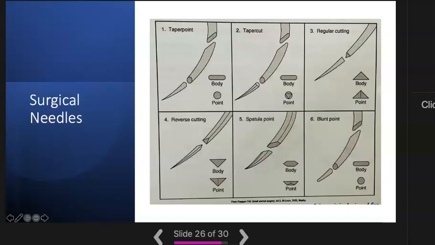Usually, surgical needles are the equivalent size to your suture material. The needle selection is usually at the preference of the veterinarian performing the surgery. Some needles are meant to go through fibrous tissues, and some through delicate tissues.